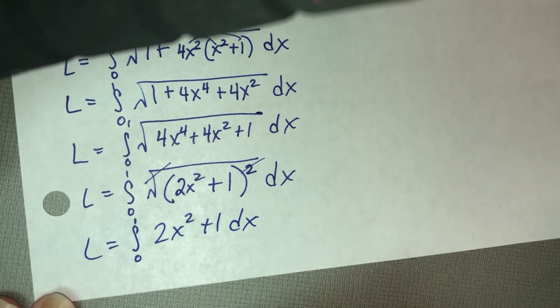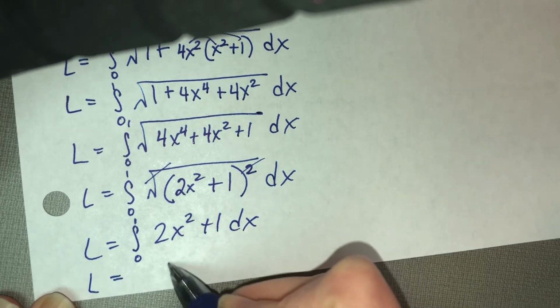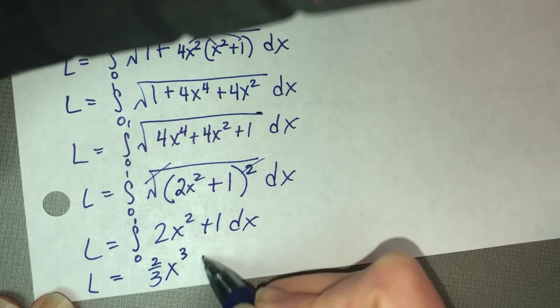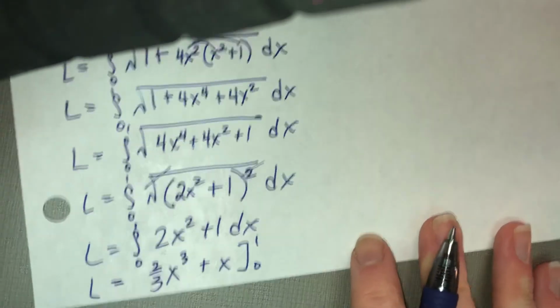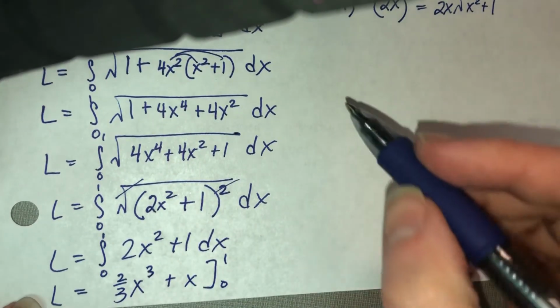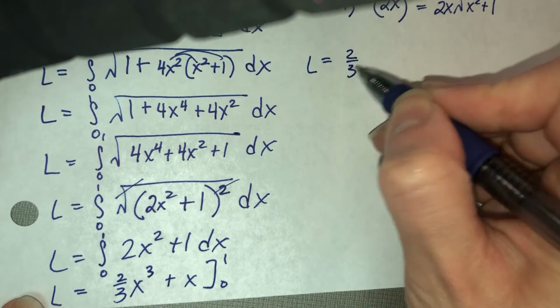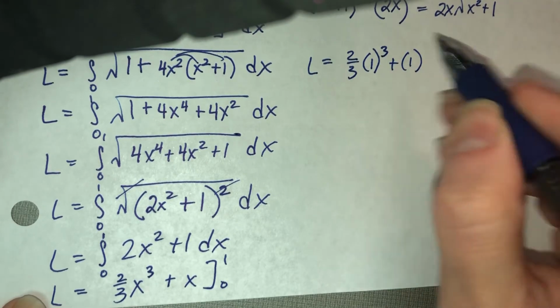do power rule backwards. So this is going to be, let's see, x to the 3rd, and that's times 1/3, so 2/3 plus x evaluated from 0 to 1. So now I'm going to come over here and sub in my upper limit of integration 1 to both x values.